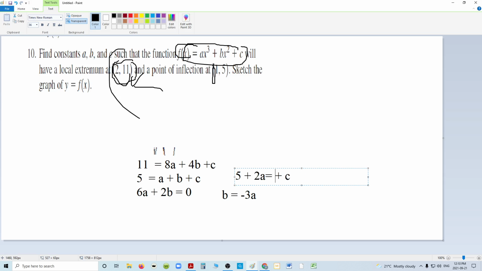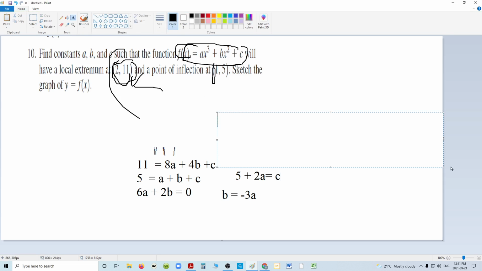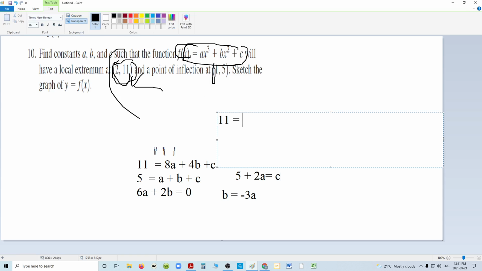Now I have terms for b and for c in terms of a, which means I can go to the first equation and do 8a and replace b with plus 4 times minus 3a, which is minus 12a. And I can replace c with what I know is c in the other equation. So I get 8a plus 2a minus 12a is minus 2a, plus 5 is equal to 11.